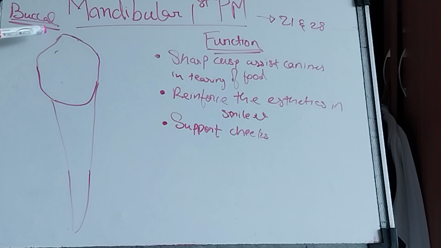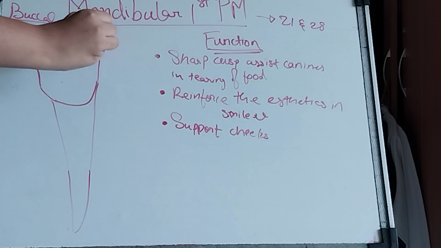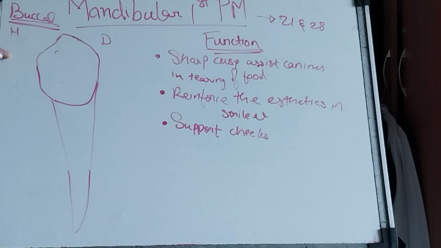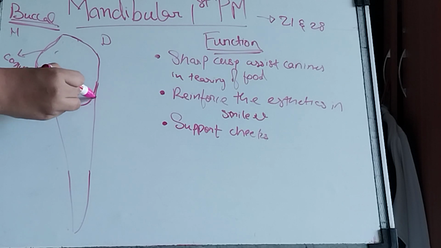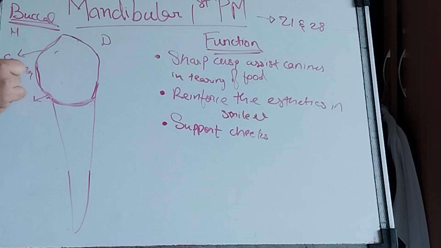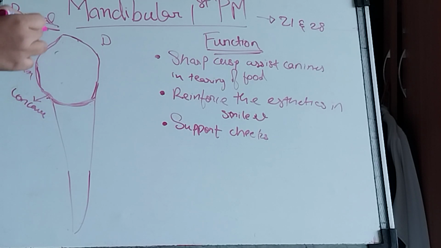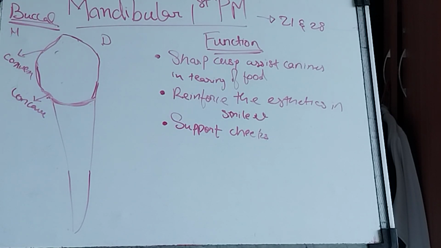Seeing the crown outline, if this is my mesial and this is my distal, how is the mesial outline? The mesial outline is convex except in the cervical, where it is concave. Here it is convex, but near the cervical end, it is concave. So this was the mesial outline in the buccal aspect.